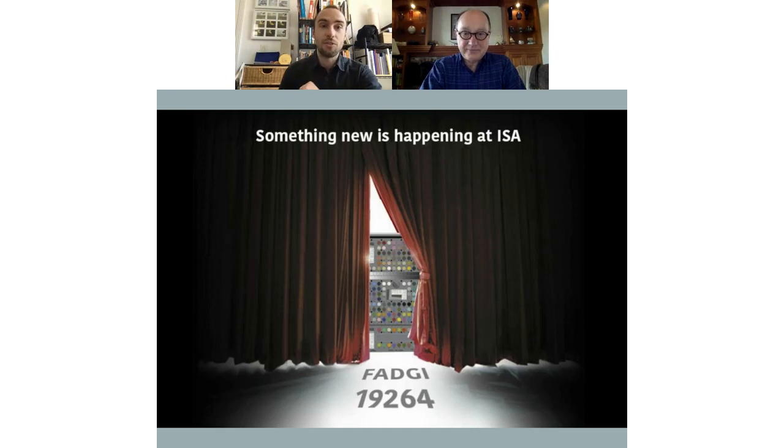Today, we are thrilled to have Don Williams of Image Science Associates sharing information about the updated FADGI 19264 targets and the updated GoldenThread software. So to introduce Don, Don Williams is the founder of Image Science Associates.